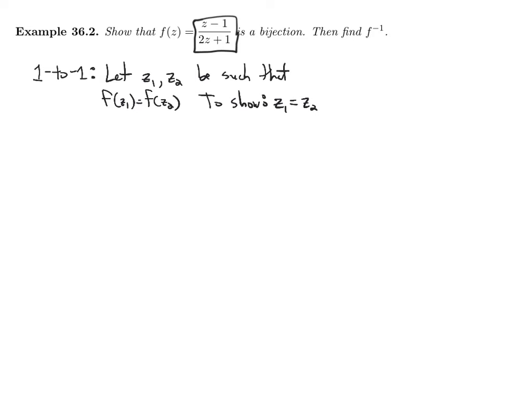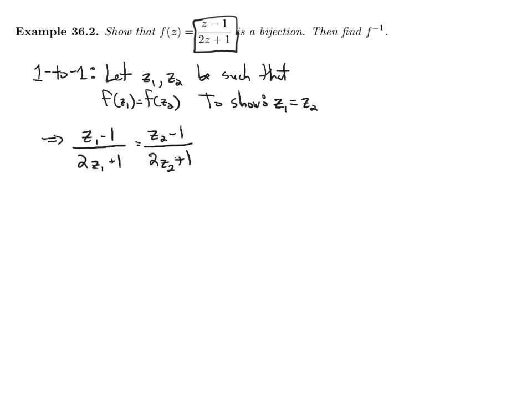That's how you show something is one-to-one. So let's go ahead. We know what f of z1 is. That's (z1 minus 1) over (2z1 plus 1) equals (z2 minus 1) over (2z2 plus 1).